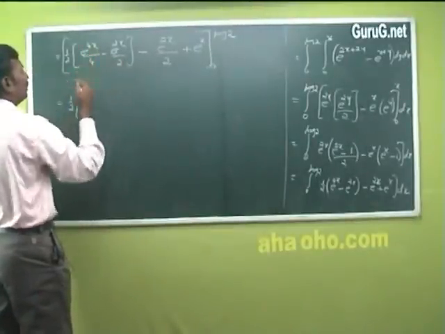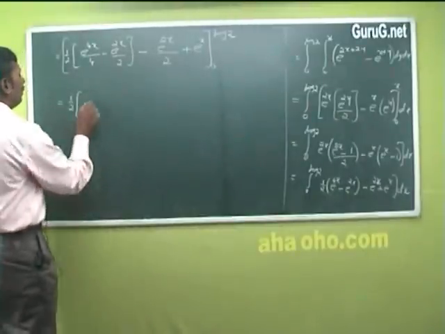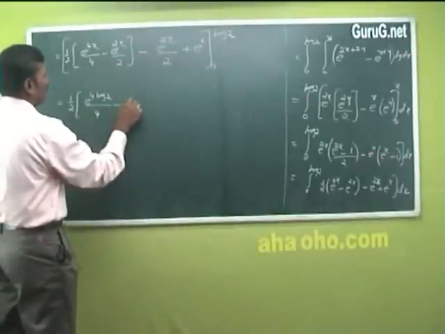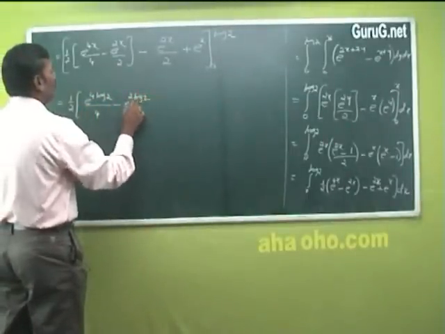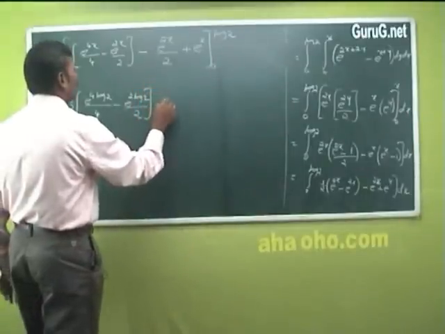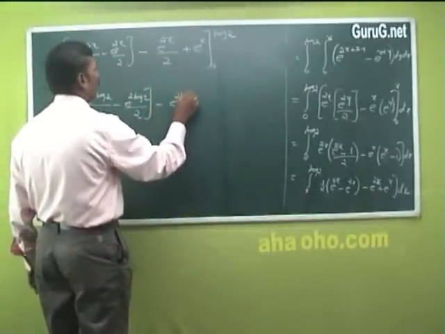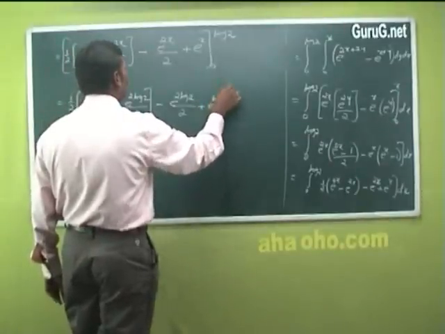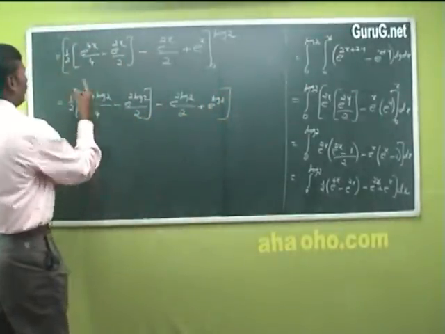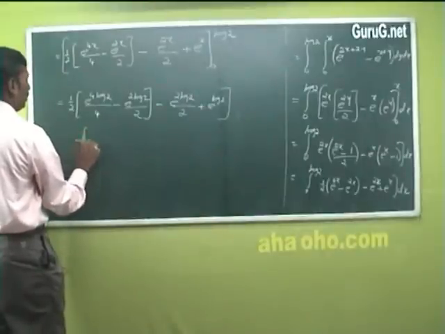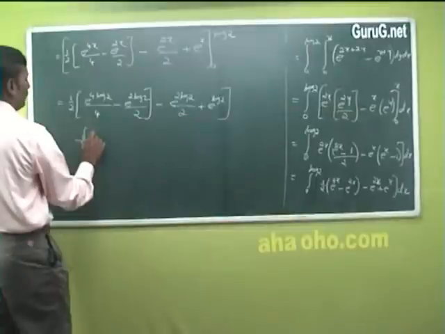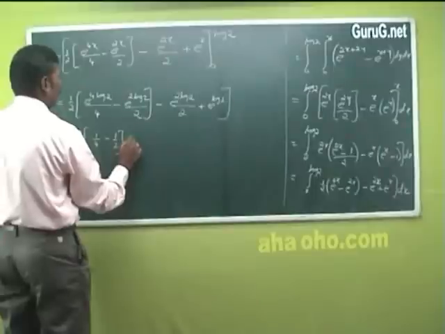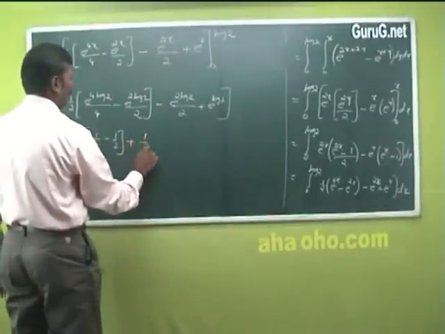So e power 4 log 2 by 4 minus e power 2 log 2 by 2 minus e power 2 log 2 by 2 plus e power log 2. This is the upper limit, right? So minus the lower limit, 1 by 2 into e power 0: 1 by 4, then minus 1 by 2, next again plus 1 by 2, then minus 1.